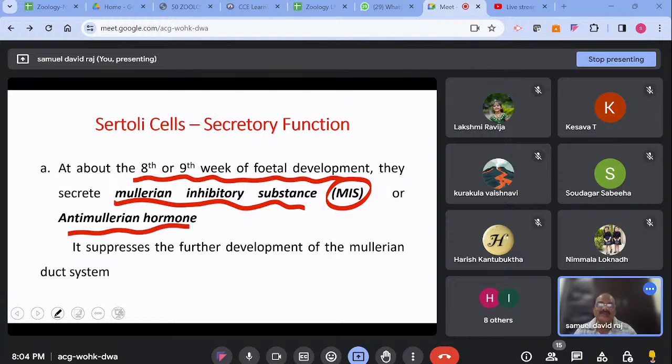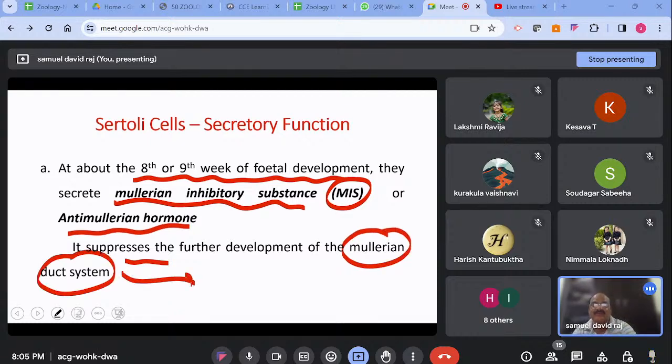It is responsible for suppressing the further development of the Mullerian duct system, which may lead to the development of the female ductal system. That we'll discuss later, but just remember this. If I start discussing what actually the Mullerian duct system is, it takes so much time. But for the time being, just understand this.